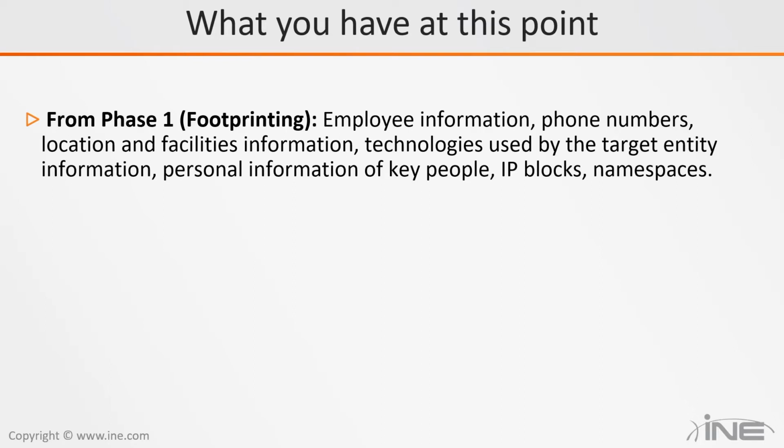Personal information of key people that you have investigated. Remember we spoke about how you can identify key people within an organization and use the internet to start learning personal details about their lives that you can later use. And truth be told, that later is actually right now at this point in system hacking.